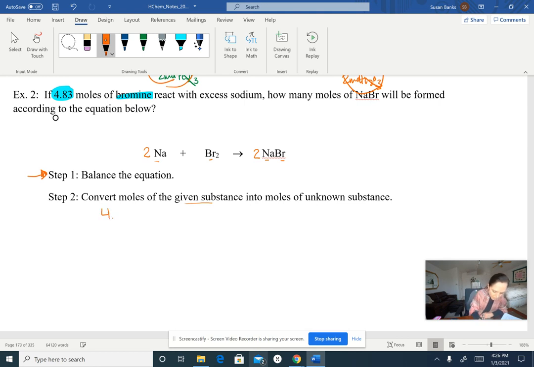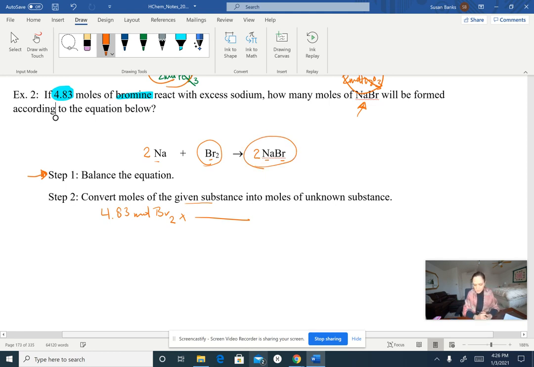So I have 4.83 moles of bromine. And now remember, bromine is diatomic, right? And I want to know about what? I want to know about moles of sodium bromide. So I'm going to grab the ratio. So bromine and sodium bromide are the ratios I'm going to grab. So how many moles of bromine do I have?